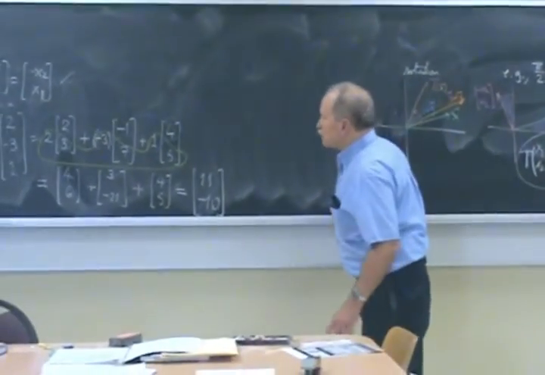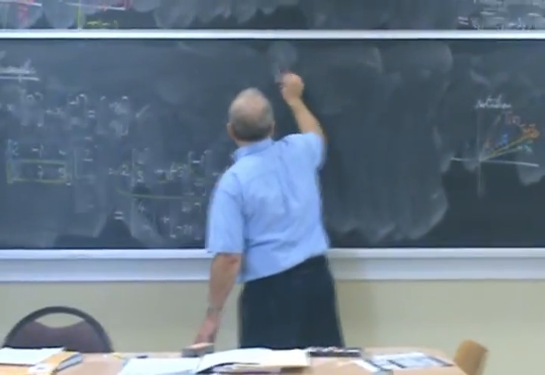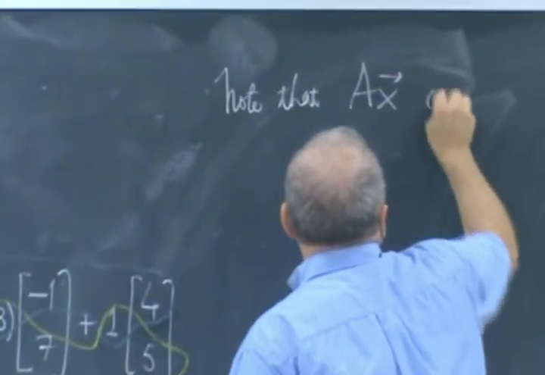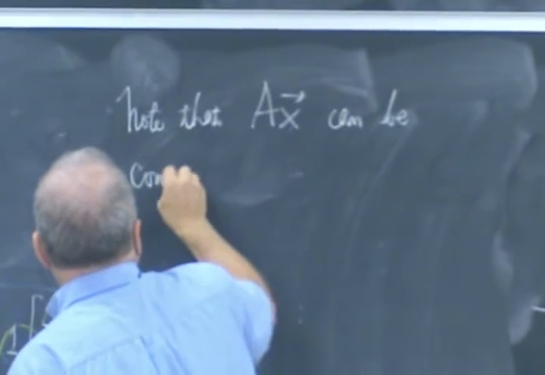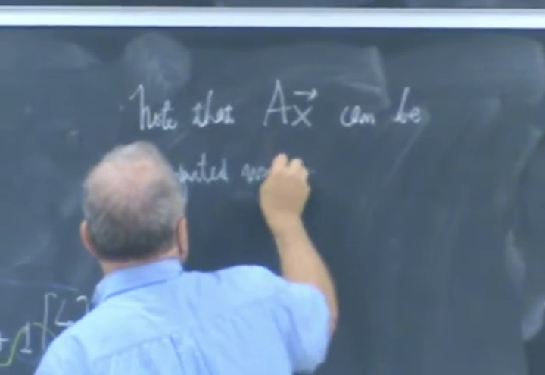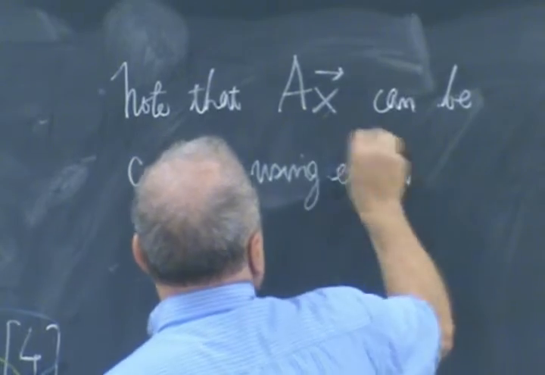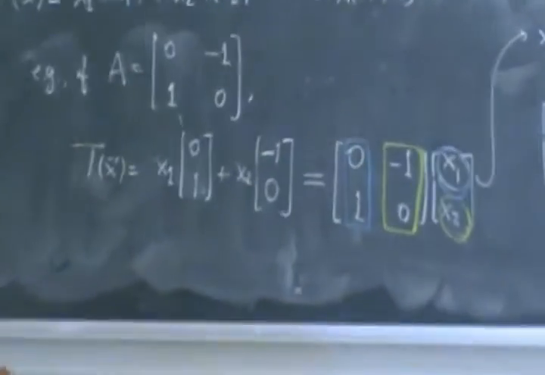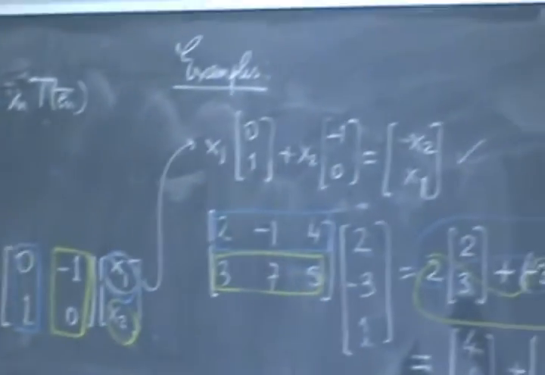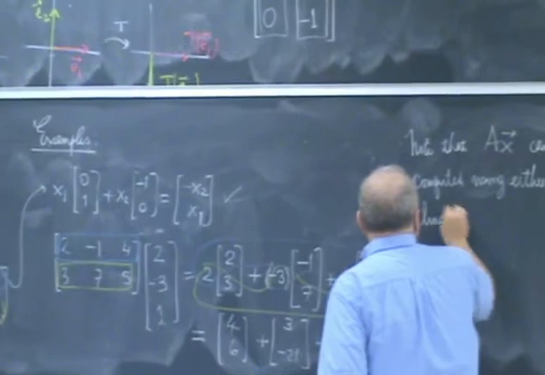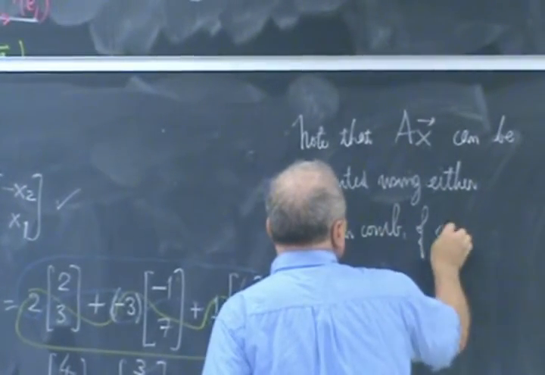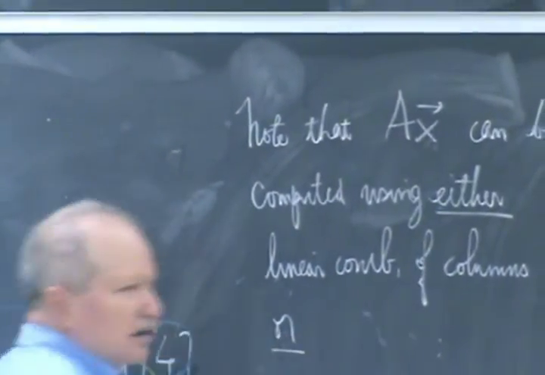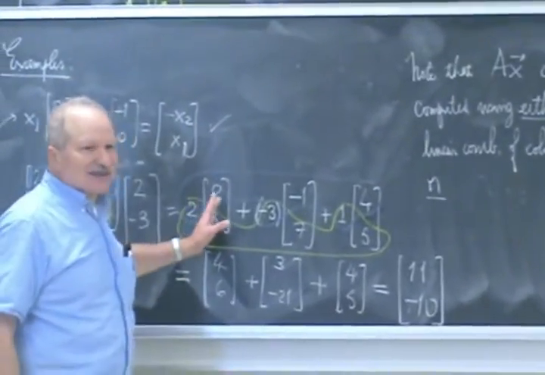But the alternative understanding is that you can compute A times x, which is what I just told you how to do here, using either linear combinations of columns, that was our definition, or dot products with the rows.